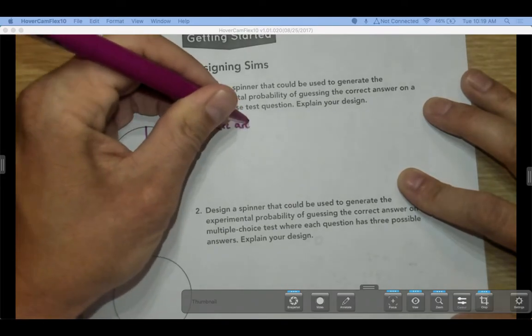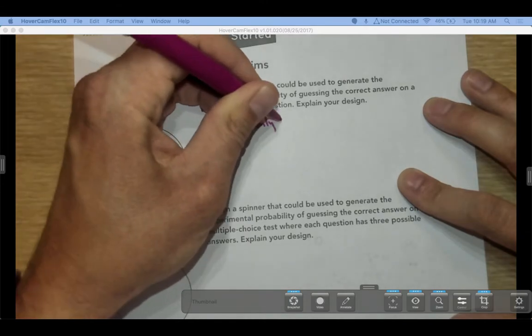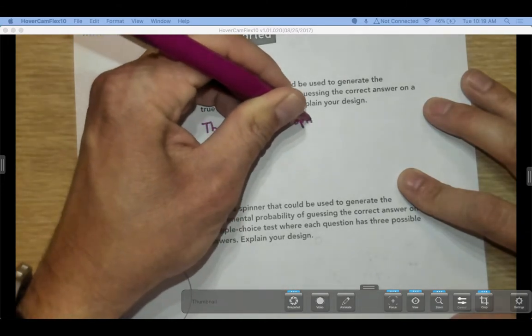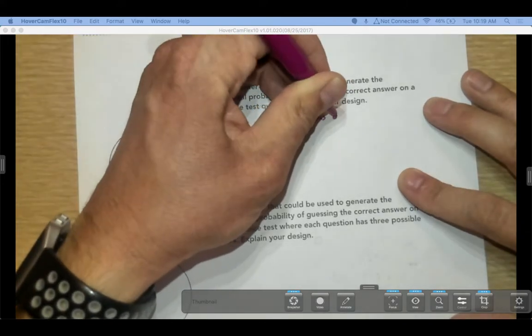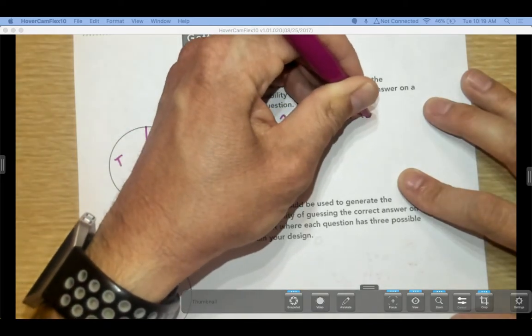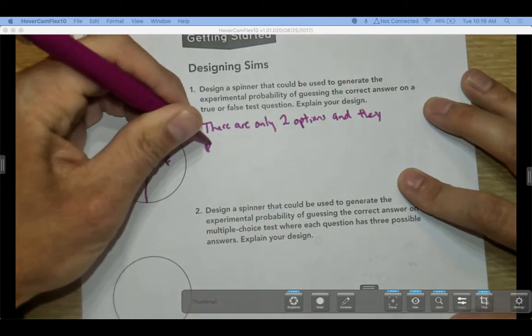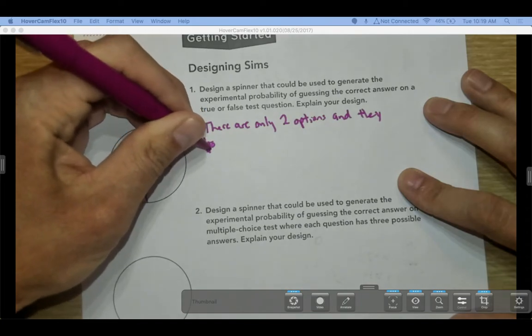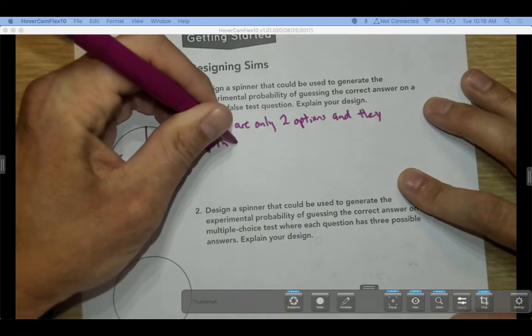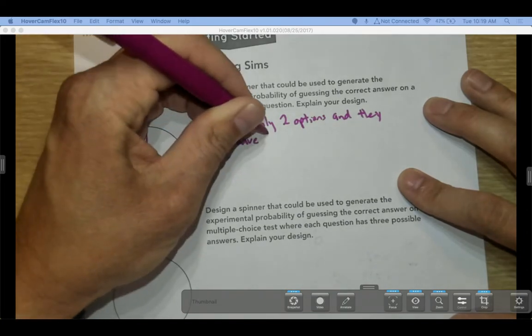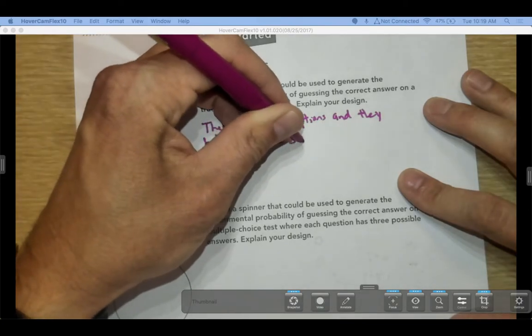There are only 2 options, and they both have the same probability.